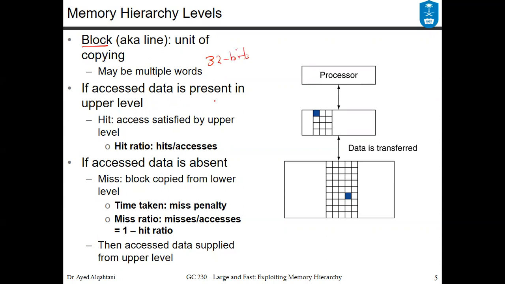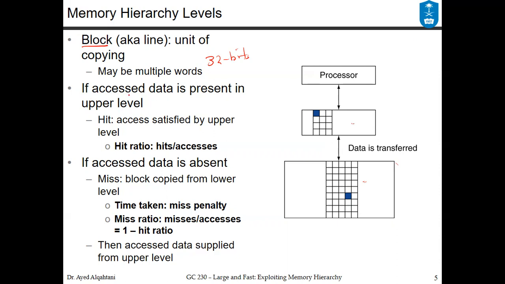If accessed data is present in the upper level, and you can see here in the figure, this is the processor, and we have a certain storage. After that, we have a communication between this storage and the processor, and we also have a communication between that storage and the larger storage. So this is the processor, and this is a cache, and here we have the main memory, or another level of cache.